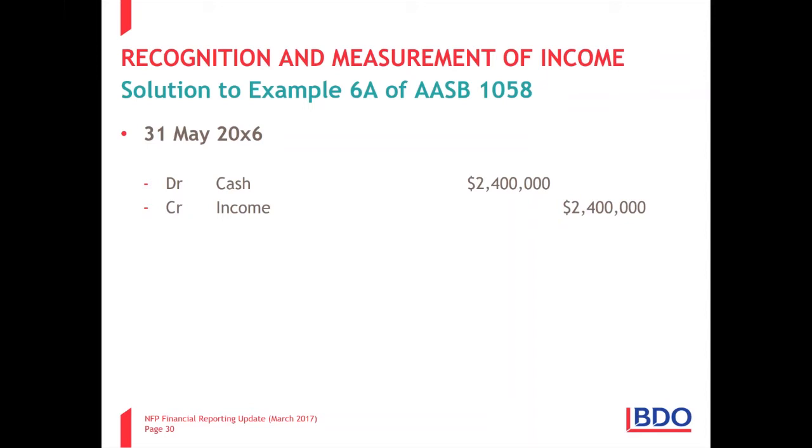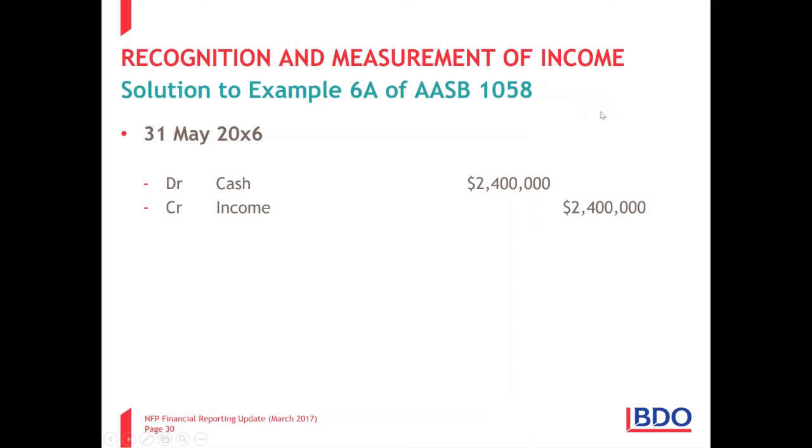So looking at that, you get your government grant. Number one, debit cash the 2.4 million. What do we credit? It's not a contribution by an owner. You don't owe anybody any money, so there's no liability. There are no sufficiently specific performance obligations in terms of AASB 15, and therefore you would immediately have to credit income 2.4 million.